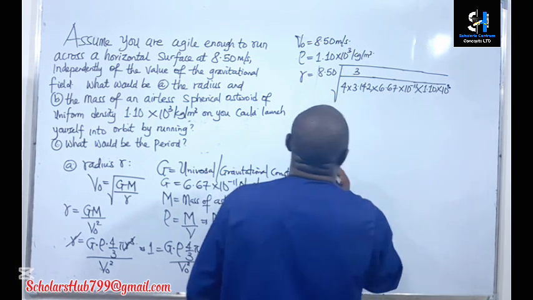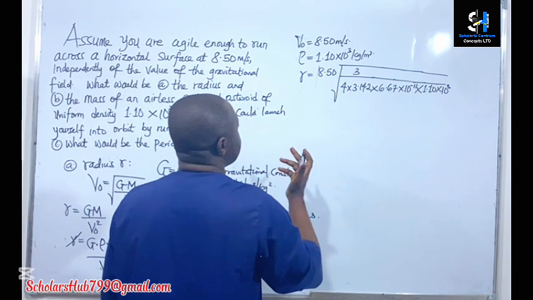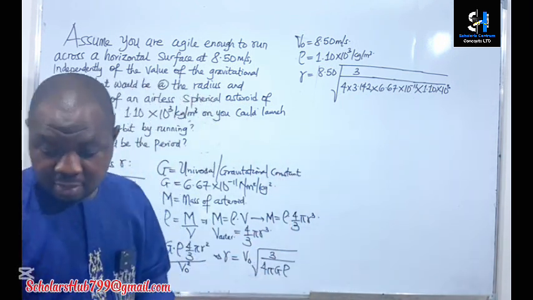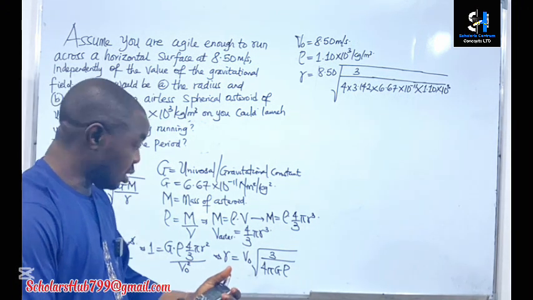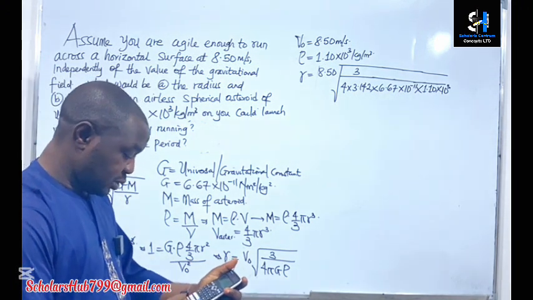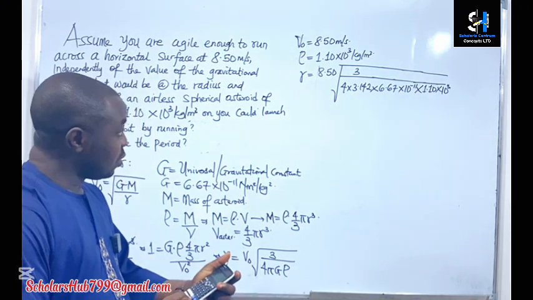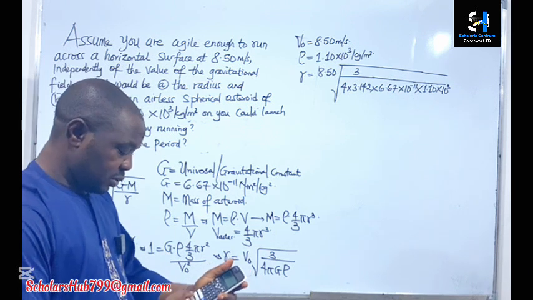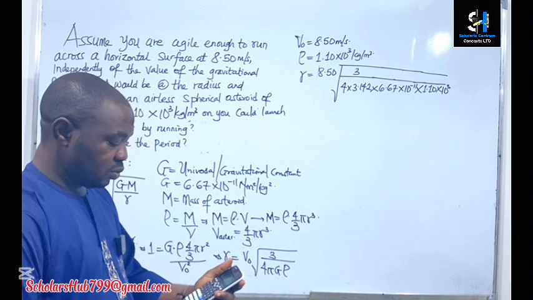So let's just multiply. What is 4 times 3.142 multiplied by 6.67, then multiplied by 1.10?